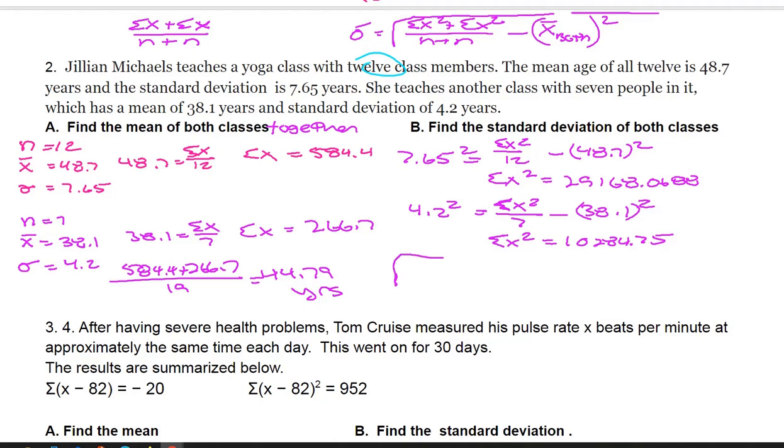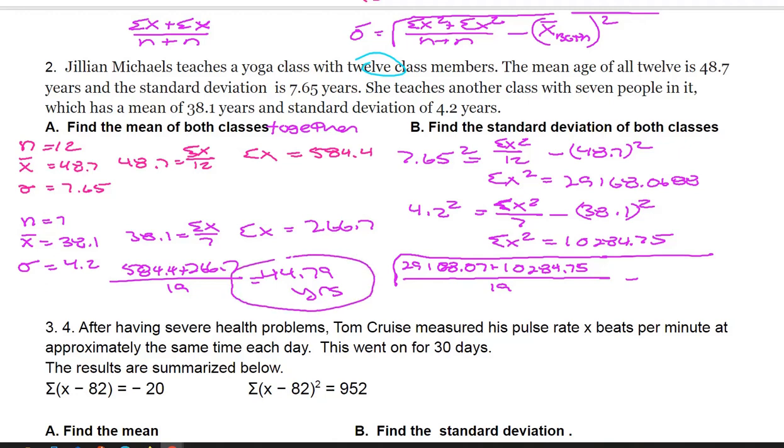So I am going to square root, and I'm going to do 29168.07 plus 10284.75 and divide that by 19, and then I'm going to subtract the mean of both, which I already figured out is going to be 4.79, squared.